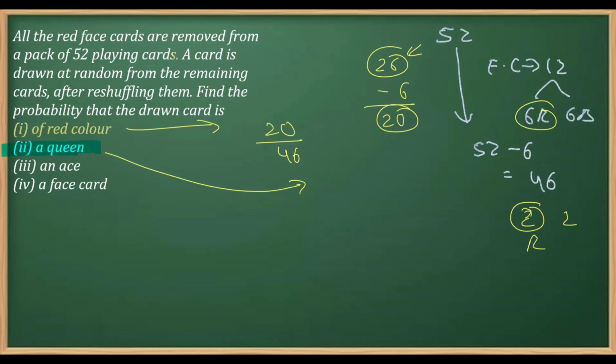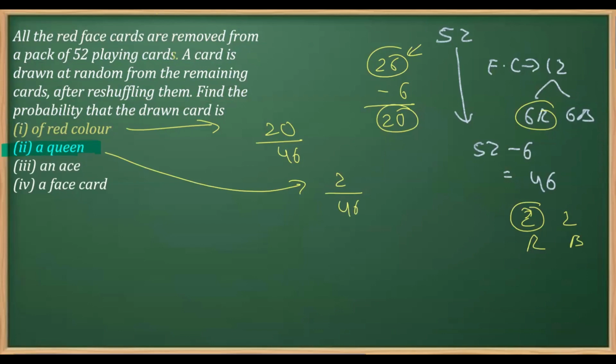As I said, total there are 4 queen. Out of this 4 queen, 2 are red and 2 are black. So we can say that we are left with only 2 queen out of 4. But then we have to get the probability. This is 2 over the total number of cards, which is 46.